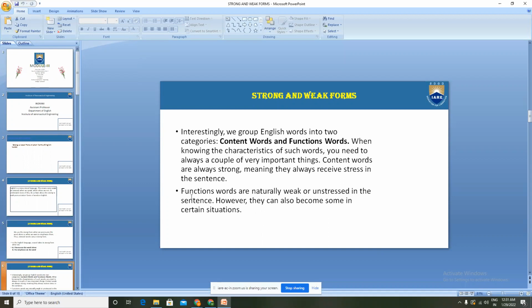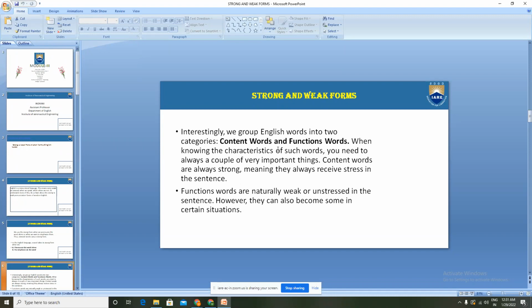Interestingly, we group English words into two categories: content words and function words. What are these content words and what are the function words? Let us know.